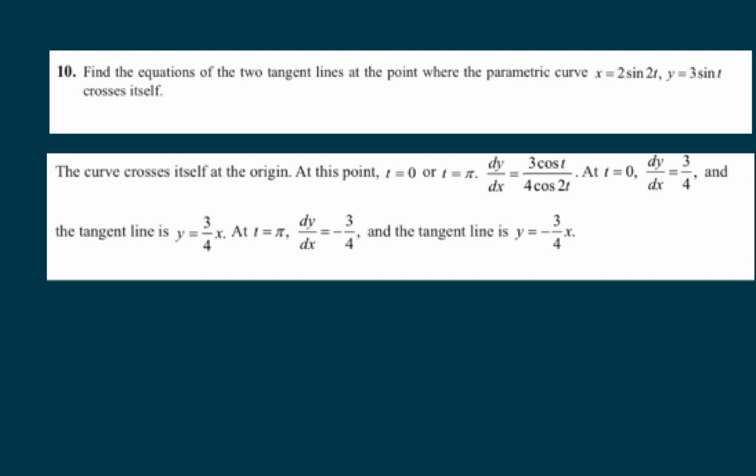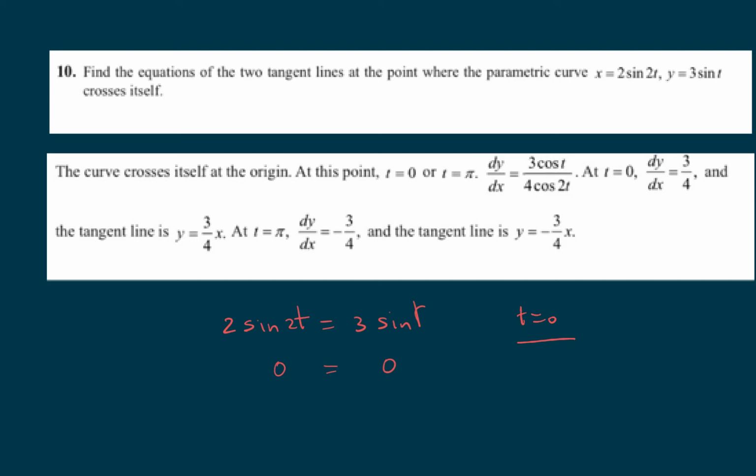2 sine of 2t is equal to 3 sine of t. When will it occur? If t equals 0, sine of 0 will be 0, so 0 equals 0. So t equals 0 for sure.